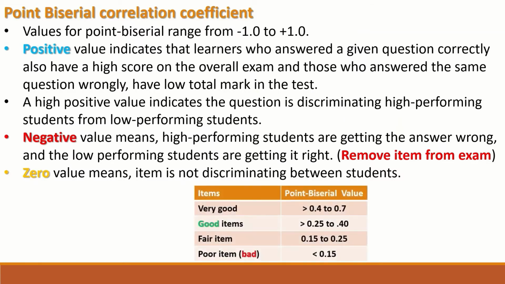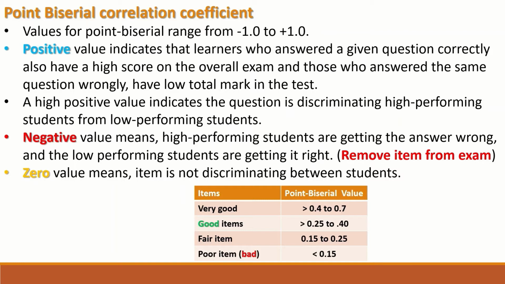In this small table, any point biserial value greater than 0.4 indicates that the question is very good, and a value of 0.25 to 0.4 suggests a good item. A fair item has a point biserial value of 0.15 to 0.25.